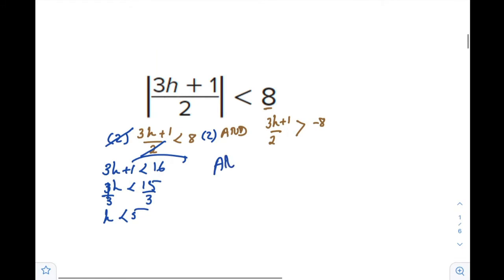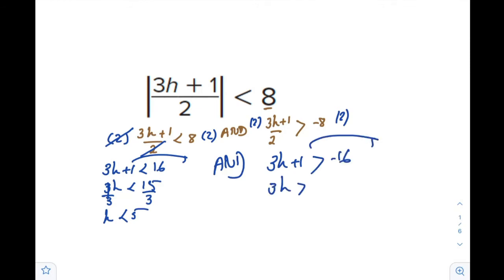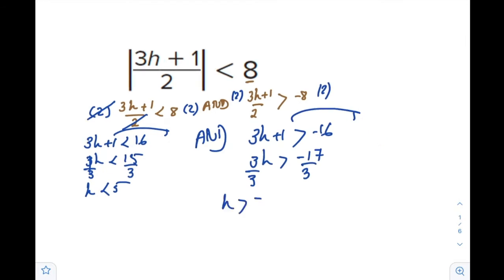The other one, you multiply by 2, so we have 3h plus 1 more than negative 16, so 3h more than negative 17, because minus 1, minus 16, minus 17, over 3, so h is more than negative 17 over 3.